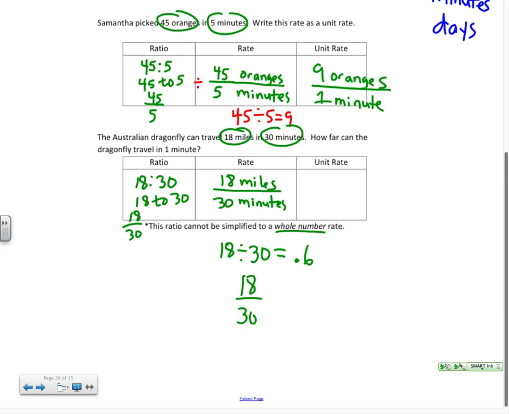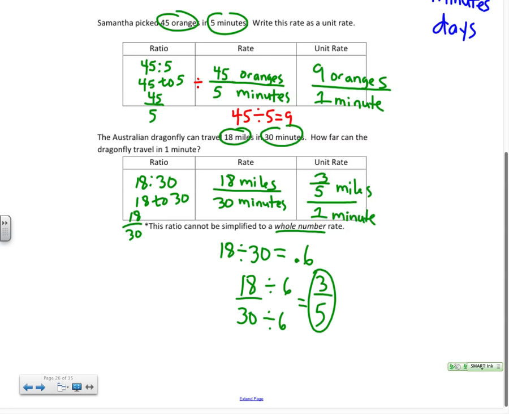Let's just simplify 18/30ths. 18/30ths have a common factor of 6, so we get 3/5. So I'm going to write my unit rate as a fraction now, because when I divide 18 by 30, I get a small number. So I get 3/5 miles in 1 minute.